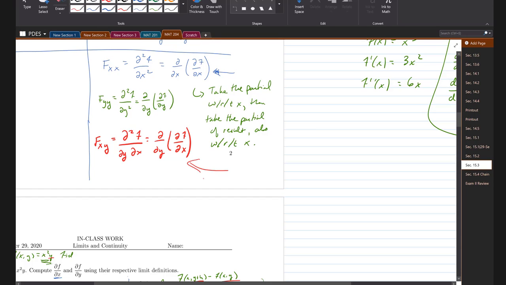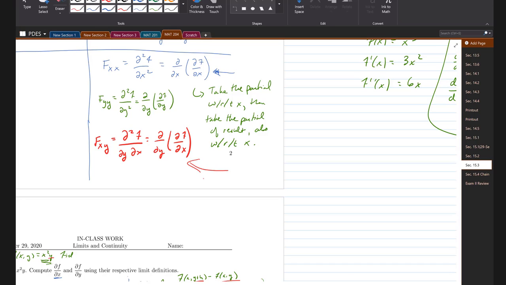You take your function, you take the partial derivative of that with respect to x, and you get a result. And then you take the partial derivative of that result, but with respect to y. Okay? The one thing that's problematic is that these two different types of notations write them in a different order. So, how do you remember the order?